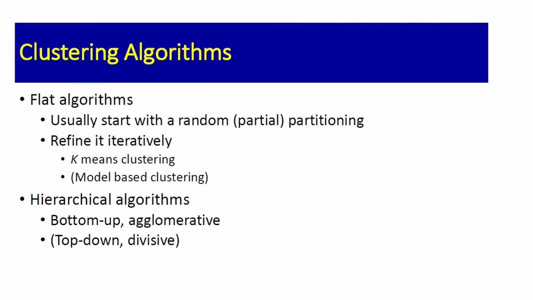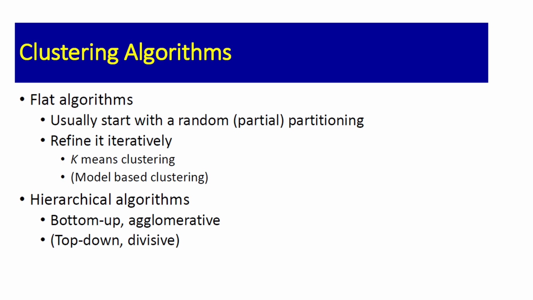Okay. So, you can have 2 types of algorithms, mostly. One is called a flat algorithm. You can start with any random partitioning of data, and then do an iterative process to find the best clustering. That is what is called a flat algorithm. You do not have to worry about any a priori bias. You can start with a random partitioning, and these are all K-means clustering.